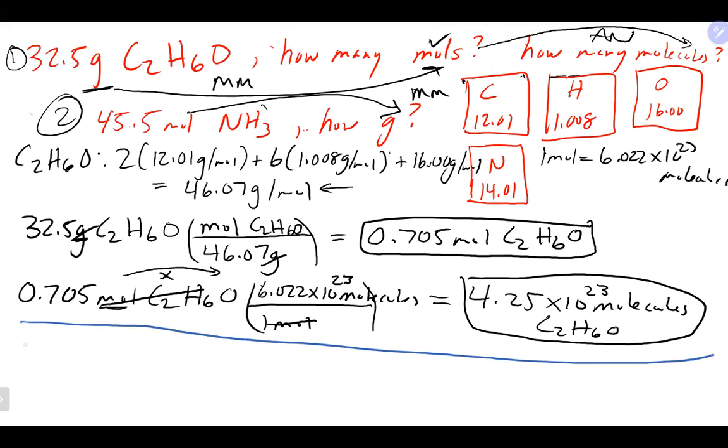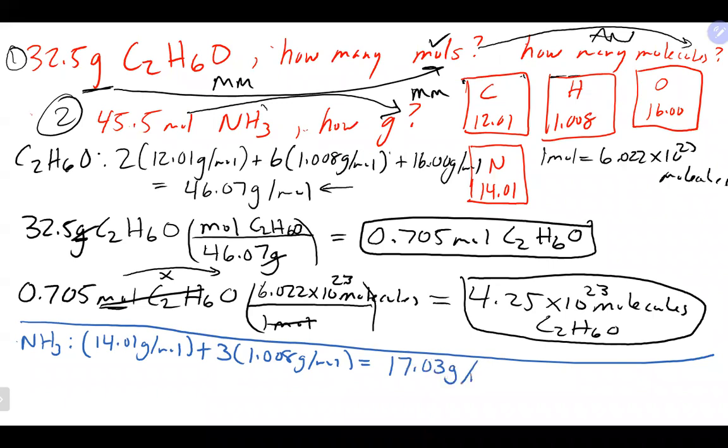For NH3, we have 1 nitrogen at 14.01 plus 3 hydrogens at 1.008, going to give us a molar mass here for NH3 of 17.03.